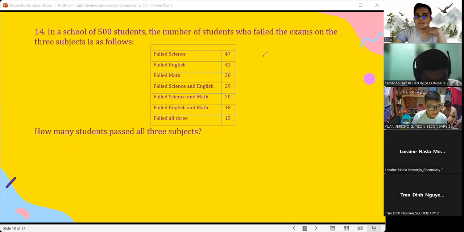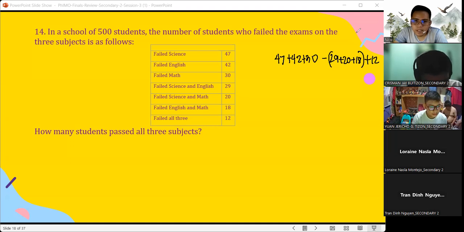Okay. So what I remember is that this is 47 plus 42 plus 30, and then minus 29 minus 20 minus 18, and then plus 12. So it's an alternating plus and minus, right?